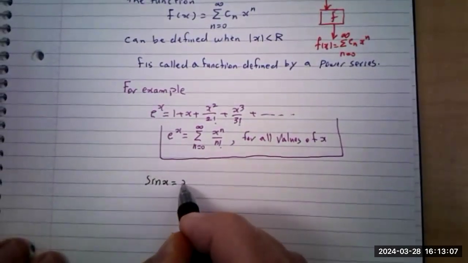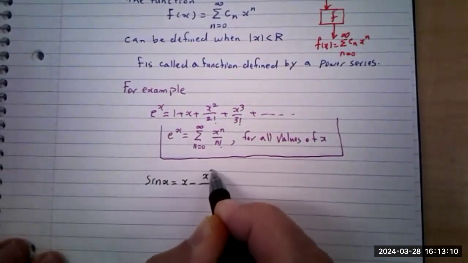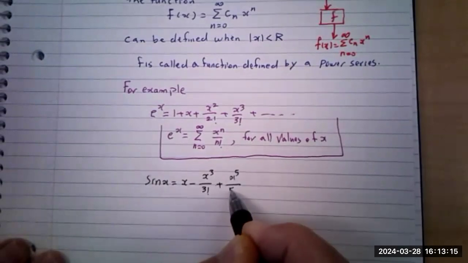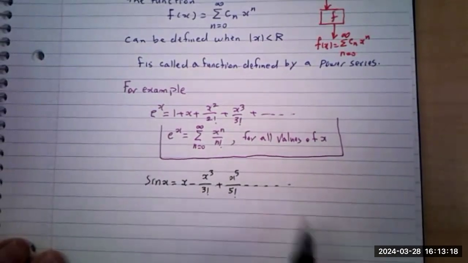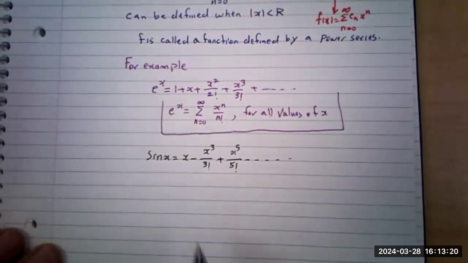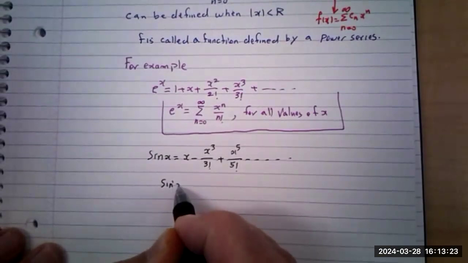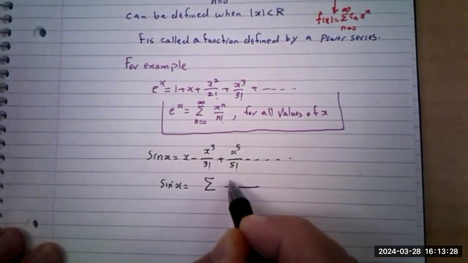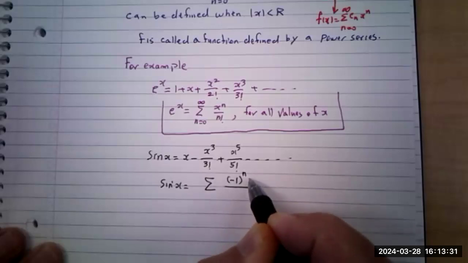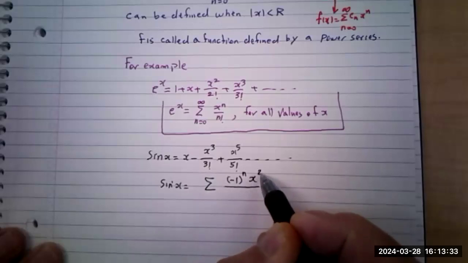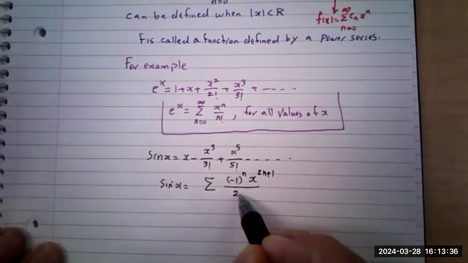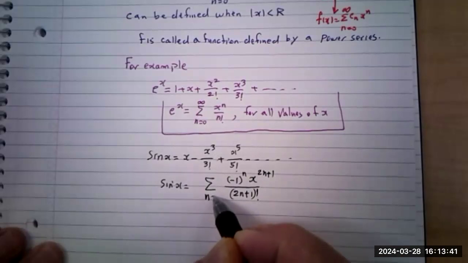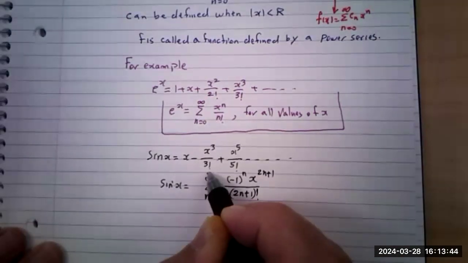The power series of the sine will be x minus x cubed over 3 factorial plus x to the 5th over 5 factorial, etc. In condensed form, sine x is equal to the sigma of negative 1 to the n, x to the 2n plus 1 divided by 2n plus 1 factorial, with n going from 0 to infinity.